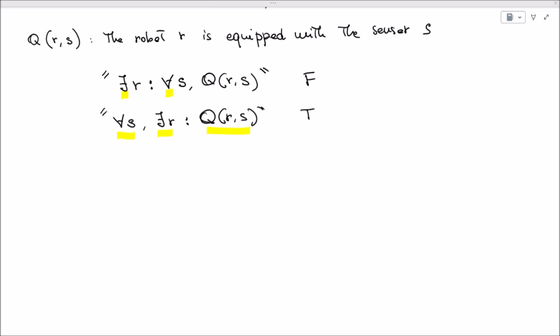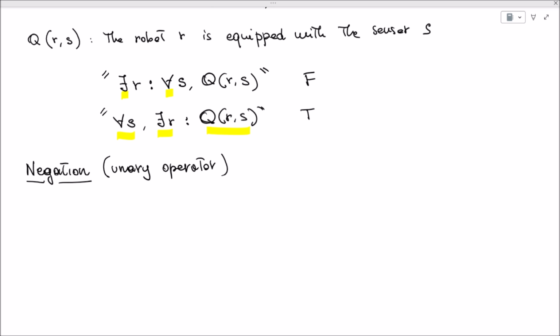There is another way of building a new proposition from an old one, which is the so-called negation operator, and this is a unary operator because it acts on a single proposition.